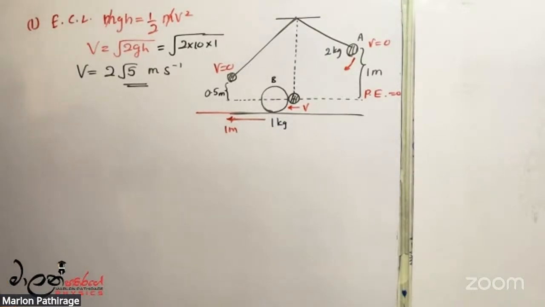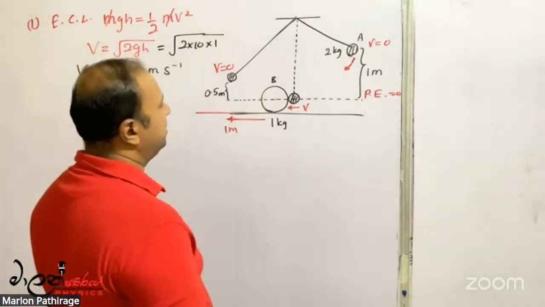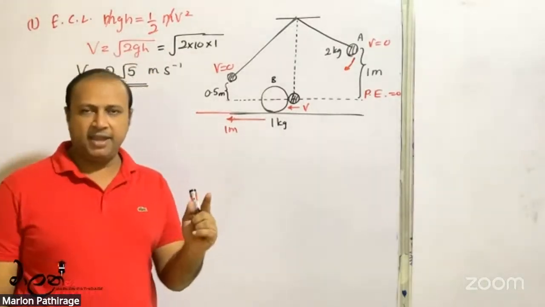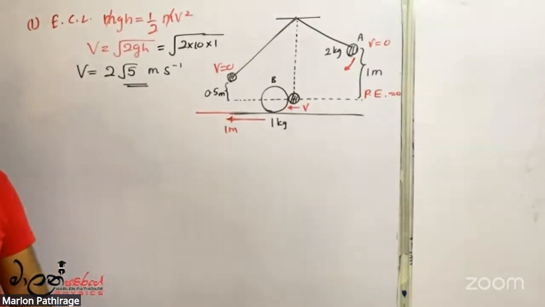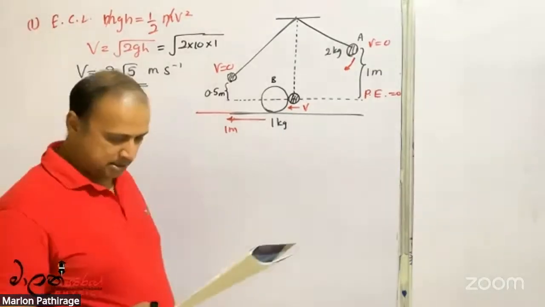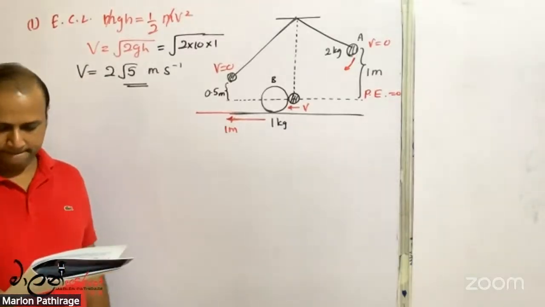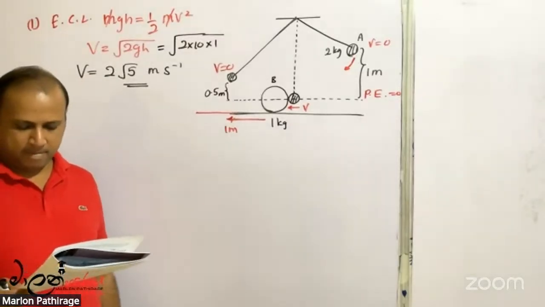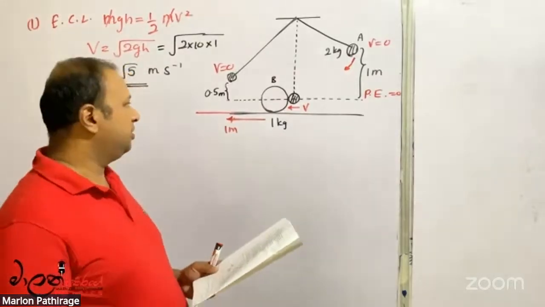Then calculate the speed just after collision. Calculate the speed of A just after collision. This is an inelastic collision.